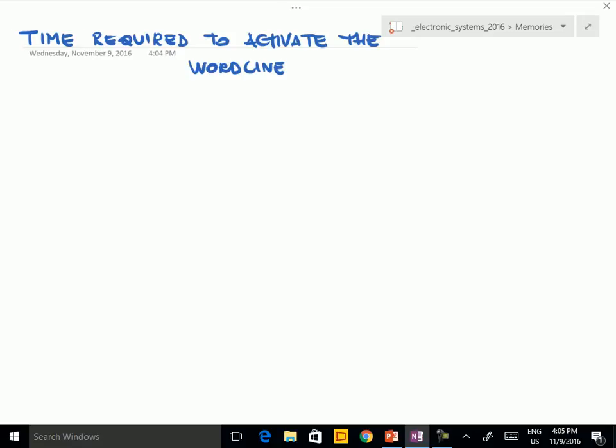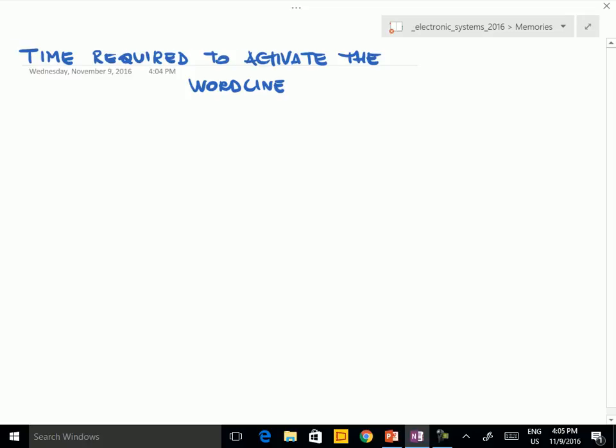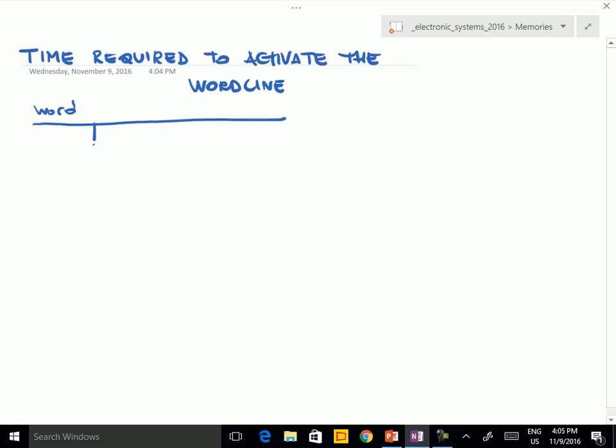limited by the fact that, if I consider a word line, what I have is a set of gates of MOSFETs connected to the word line. The situation is like this. This is one bit line, this is the other bit line, then we have another bit line.